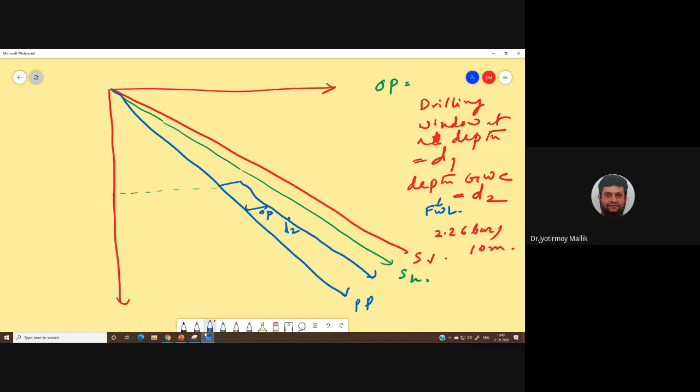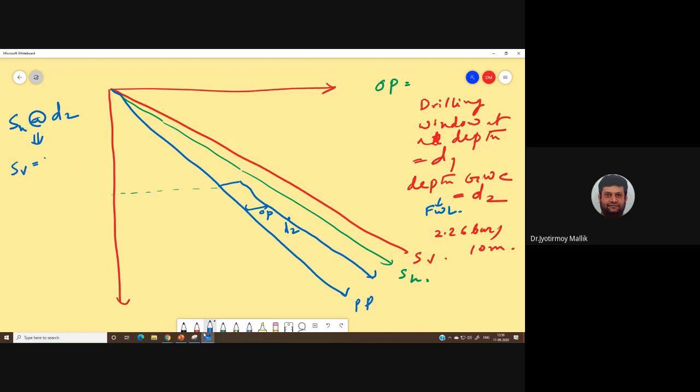So first thing that I have to do, I have to calculate S small h at D2. How would I do that? S small h at D2 will be D2 into gradient. So first I have to calculate SV.